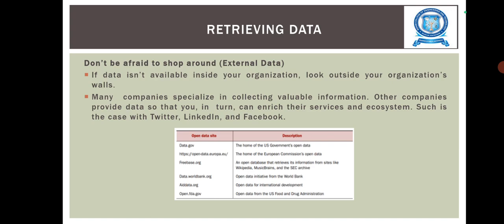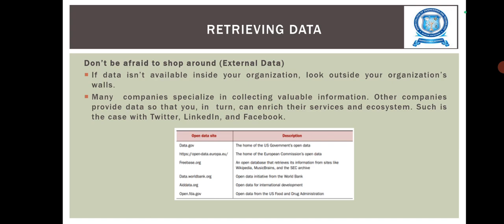Next, we are going to see, do not be afraid to shop around, that is external data. If data is not available inside your organization, look outside your organization's walls. Many companies specialize in collecting valuable information. Other companies provide data so that you in turn can enrich their services and ecosystem.